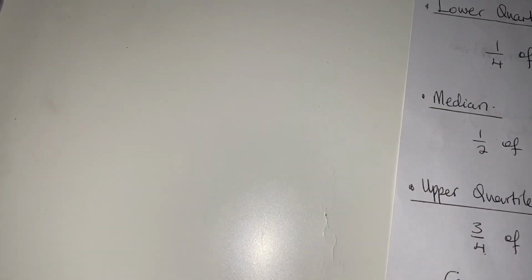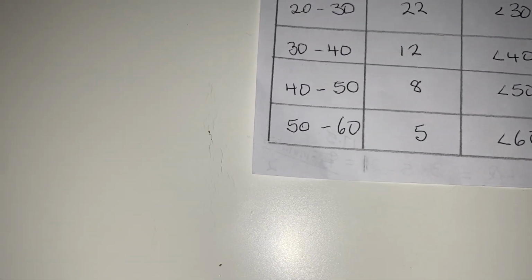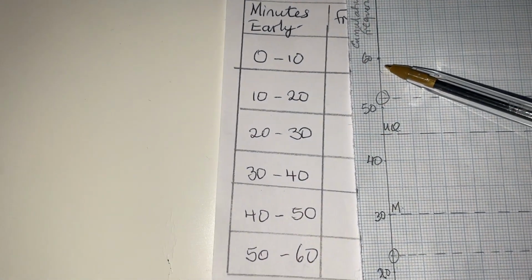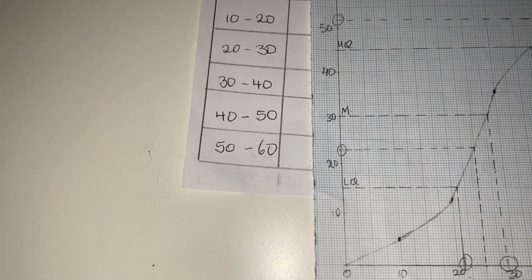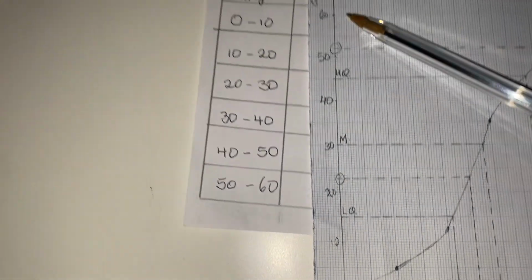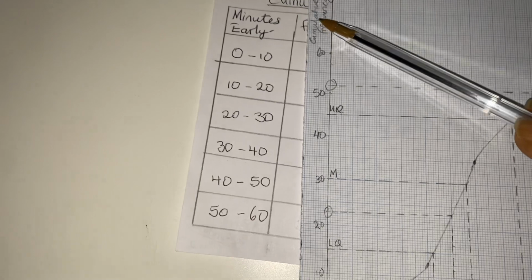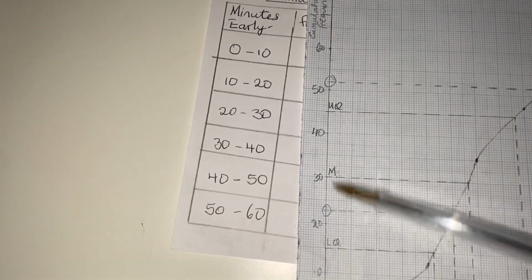But the cumulative frequency curve, one minute please, I'll show you the table. It ends at 60. So here I've gone up to 60 and I make sure that there is equal scaling in time for all of them.